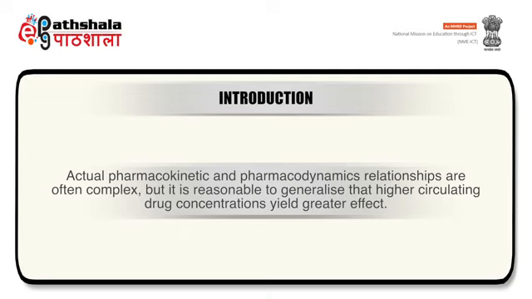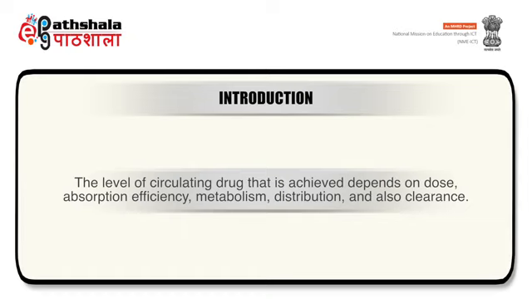Actual pharmacokinetic and pharmacodynamic relationships are often complex, but it is reasonable to generalize that higher circulating drug concentration yields greater effect. The level of circulating drug achieved depends on dose, absorption efficiency, metabolism, distribution, and also clearance.